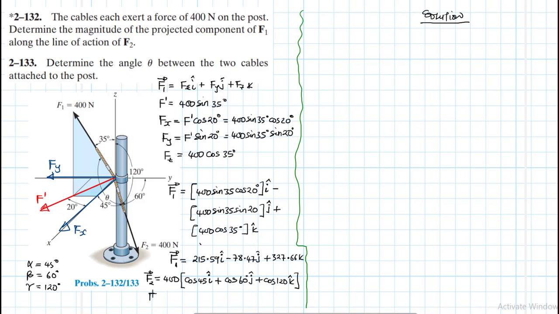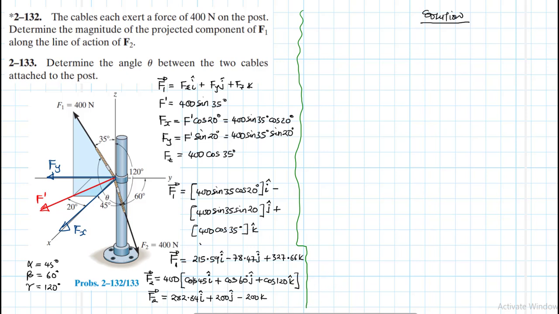If we did the multiplication, then we will have converted this force magnitude into a force vector: 282.84i plus 200j minus 200k.